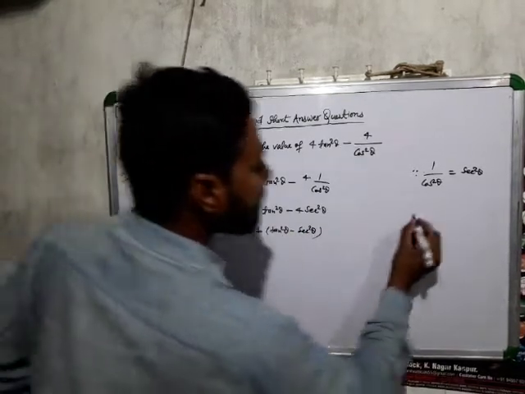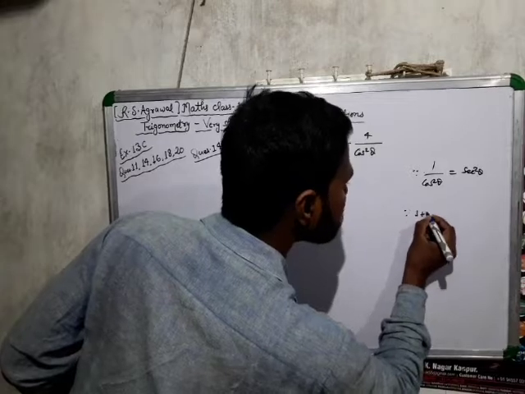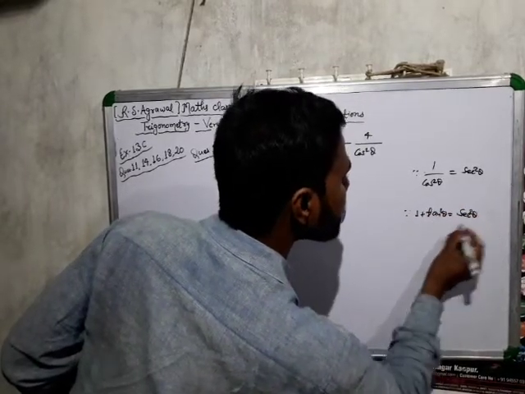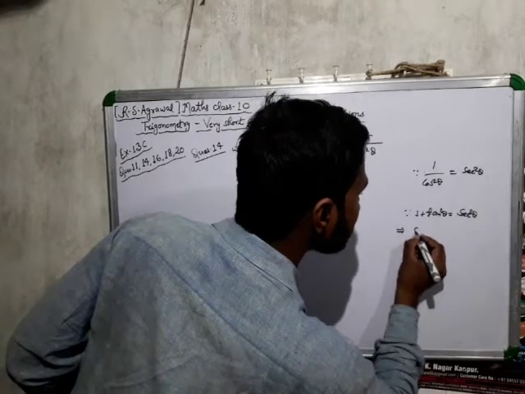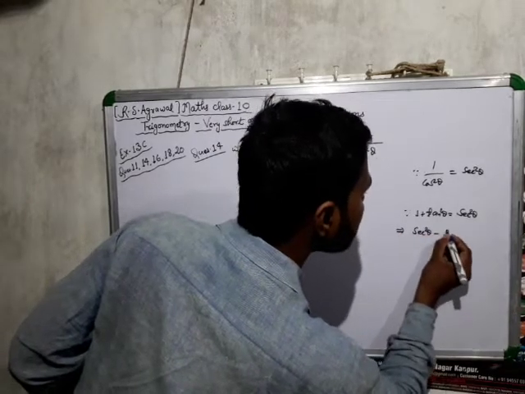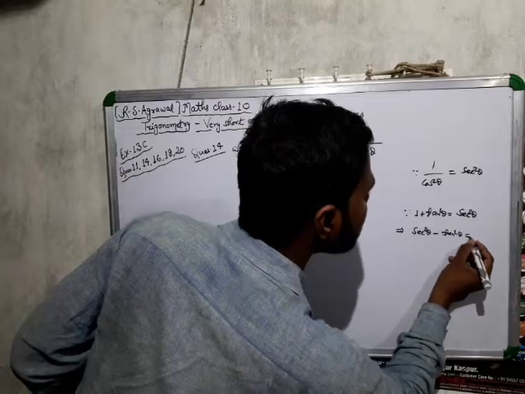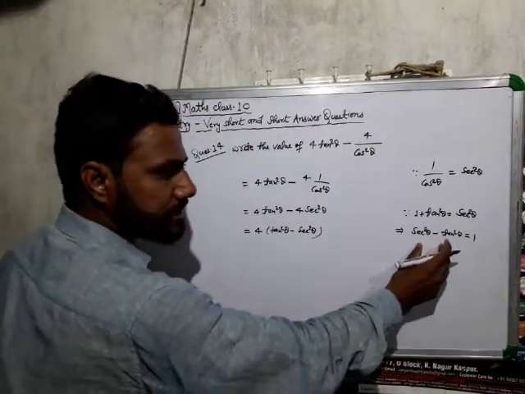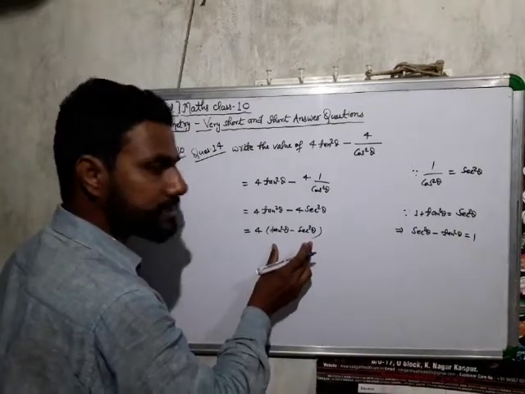But we know that 1 plus tan square theta is equal to sec square theta, which implies that sec square theta minus tan square theta is equal to 1.